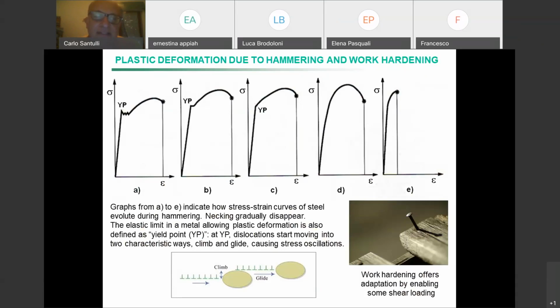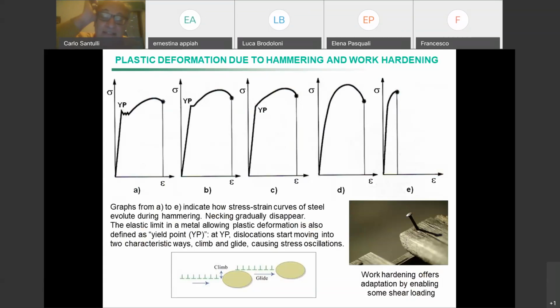As a consequence, the material has some load oscillations, which you see in particular in curve A. Then going on, the final deformation of the curve, so the epsilon at which failure occurs, becomes lower and lower, and the yield point is less and less visible, in the sense that most dislocations have already been activated in B and C, so there is little more defect movement to activate.